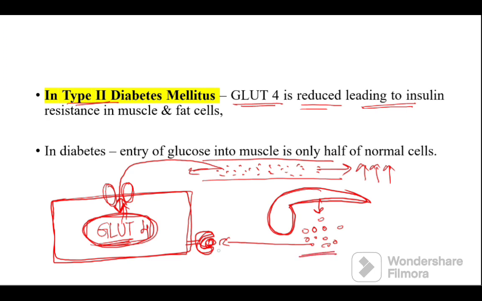Even though insulin is present, it is not being able to act on the tissues, which causes increase in glucose in the circulation. So that is what causes type 2 diabetes mellitus, especially because of insulin resistance in muscle and in fat cells. So in diabetes, the entry of glucose into the muscle is only half of the normal cells.